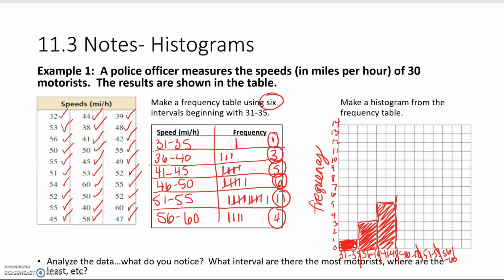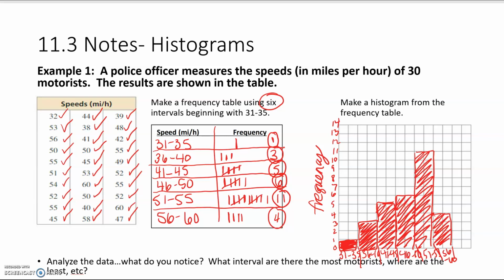And then I had 6 people in the next interval, and then 11 people in the next interval. That's my biggest one. And 4 people in the last interval. So that's what your histogram should look like.